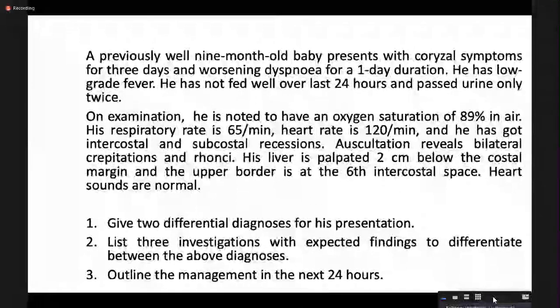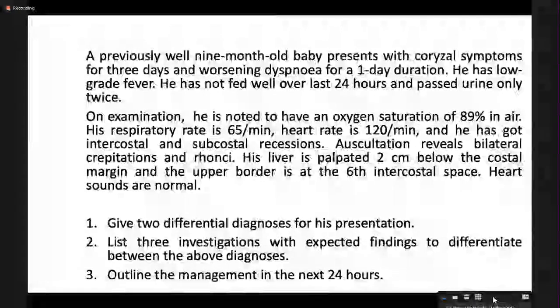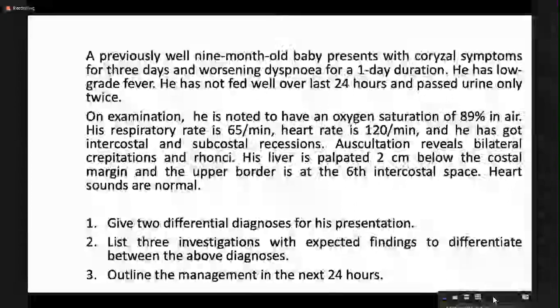So what did you understand from this case scenario? What did you think were the key factors or keywords in this history, Sujan? Madam, this is an infection, located in the respiratory tract. Several vital parameters have been given.